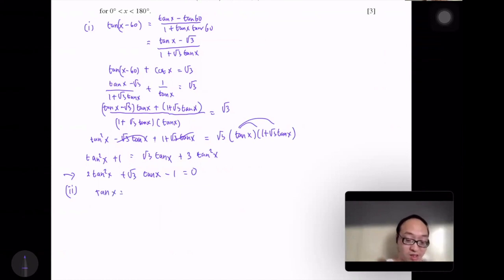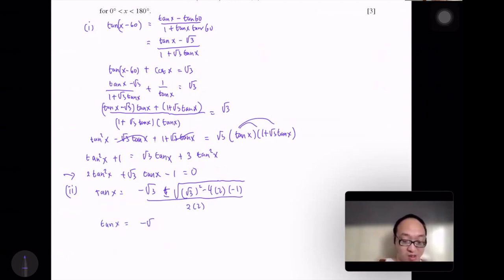Tangent x is minus b, so it's minus root 3 plus or minus the square root of root 3 squared minus 4 times 2 times negative 1, divided by 2 times 2, which is negative root 3 plus or minus the square root of 3 plus 8, root 11, divided by 4. So tangent x is negative root 3 plus root 11 divided by 4, or tangent x is negative root 3 minus root 11 divided by 4.